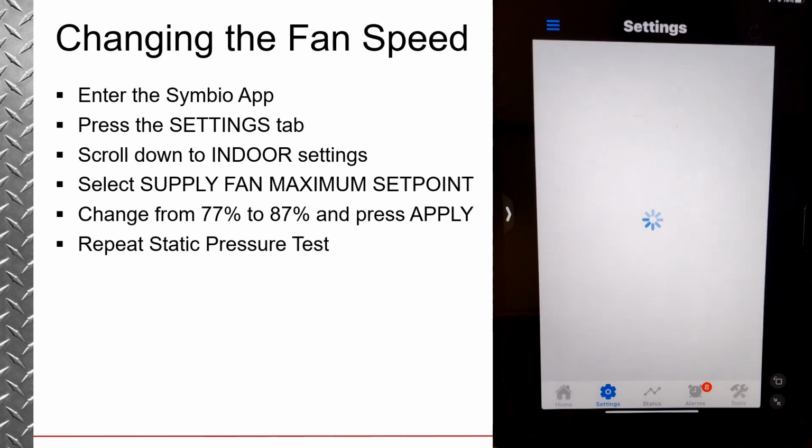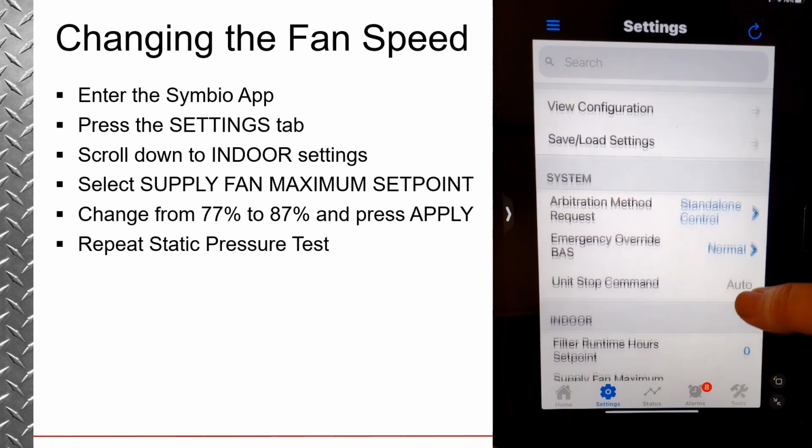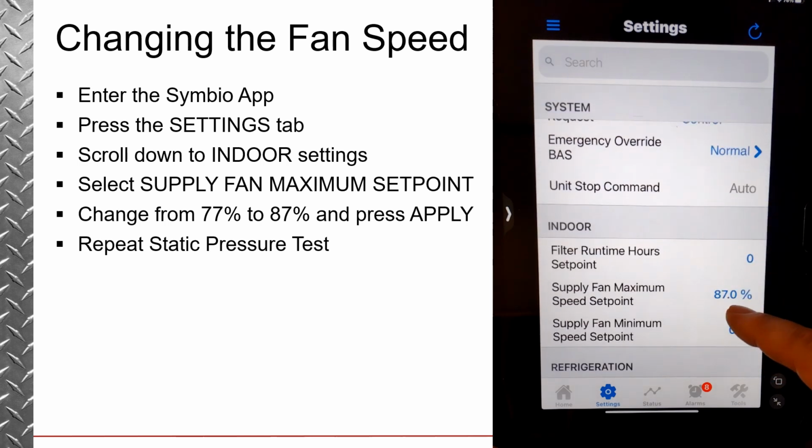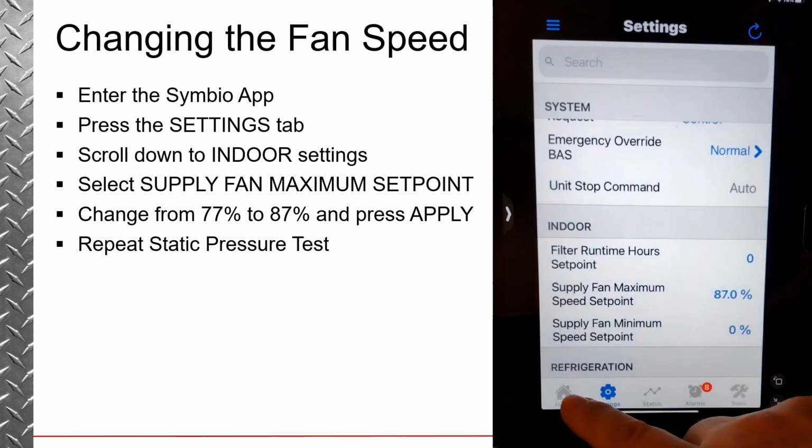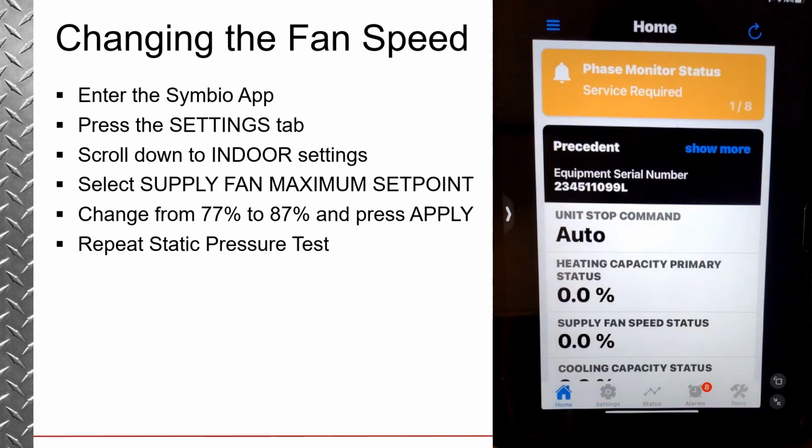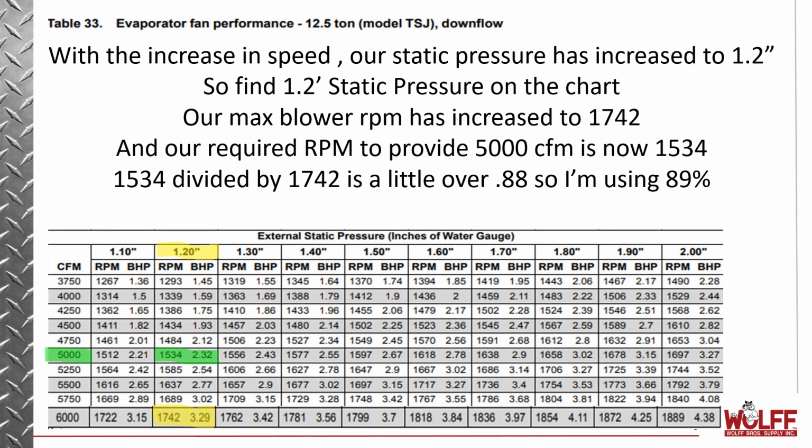Now we've changed it to 87% maximum fan set point, and we are going to go back into our test mode, run at high speed and repeat our static pressure test. Now, with our increased speed, our static pressure has increased to 1.2 inches.